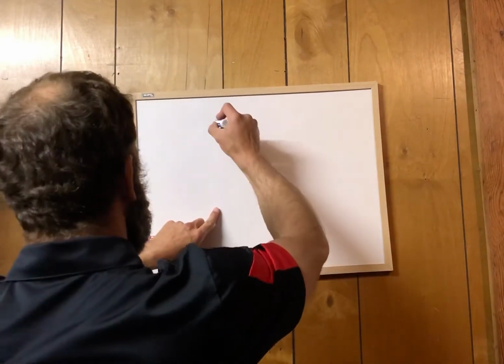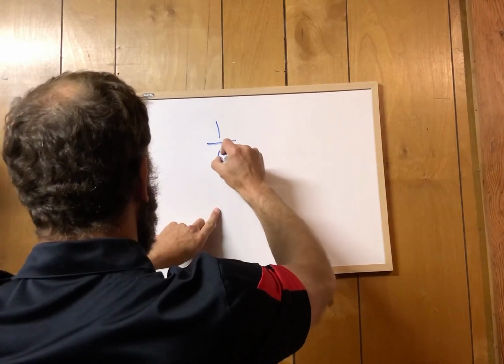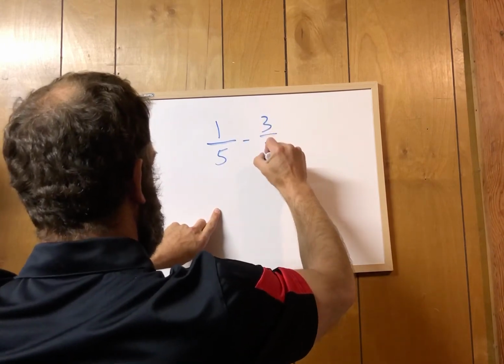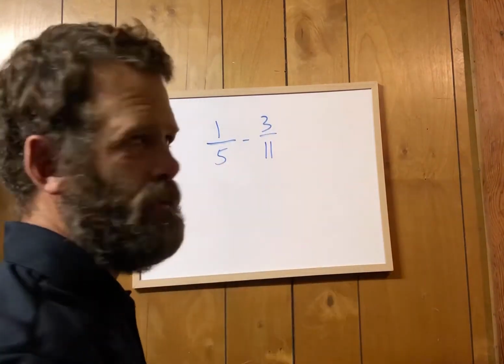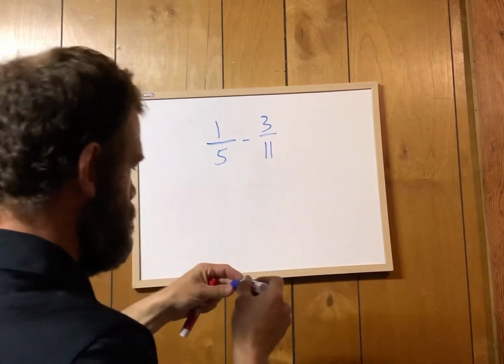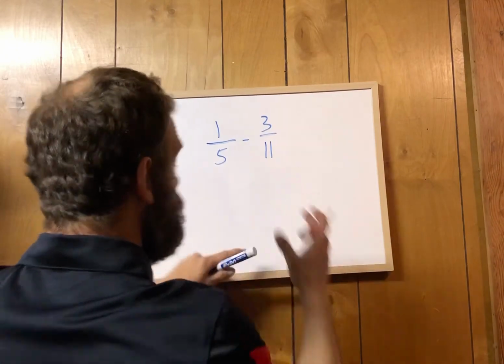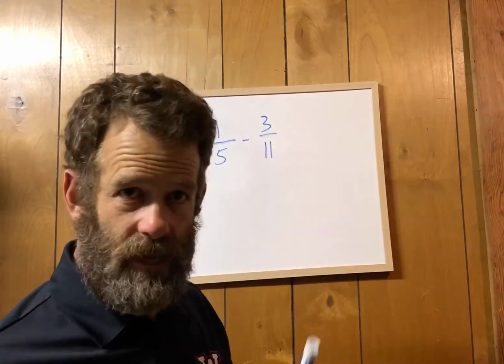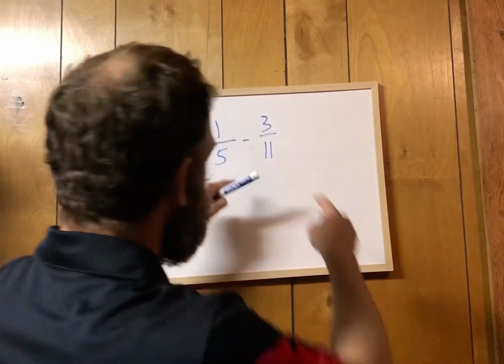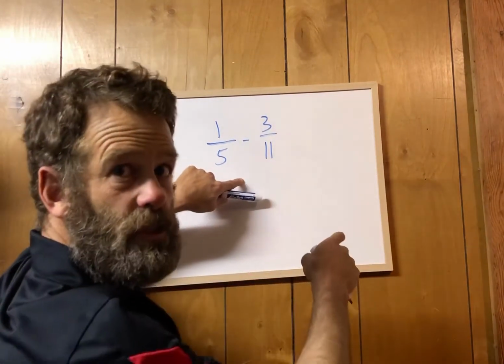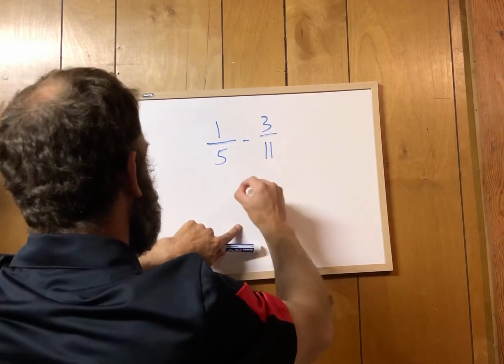Meaning, let's say we have 1 over 5 minus 3 over 11 or something like this. Obviously, this is super basic, but remember, your denominator is the first number that they both have in common, or if there is no number that you can think of right off the bat, you can just shove these two together and find the product. 5 times 11 is 55.